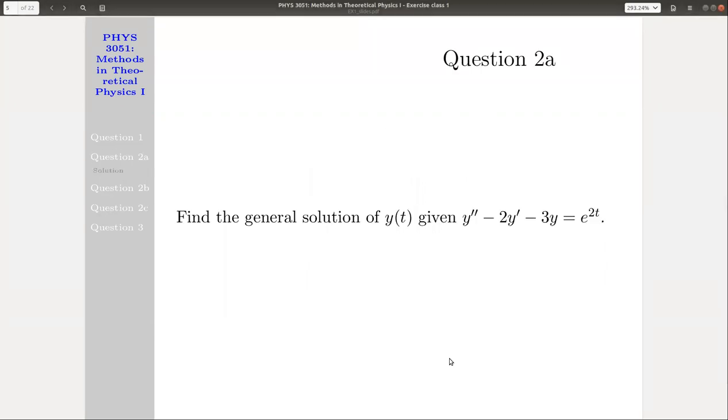Okay, and then for the second question, you have the inhomogeneous term here.